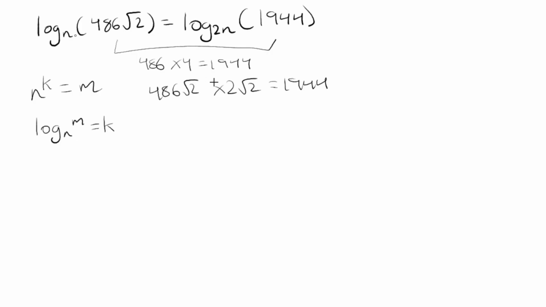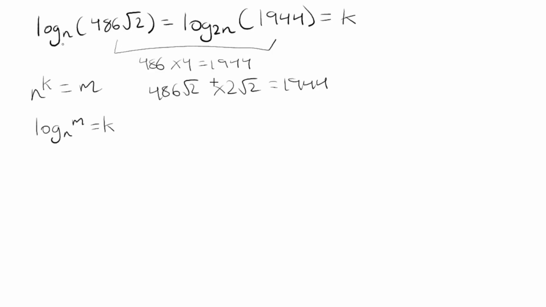So now that we know that both logs output an exponent, let's just say this exponent is k, that we put on n to get this, and we put on 2n to get this, right? So now we can write two new equations. We said that n to the k is m.